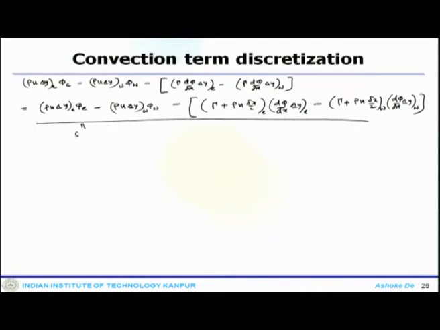In this solved equation we have an added component, this much at the east face and this much at the west face, which essentially acts like a numerical diffusion, rho u del x by 2.